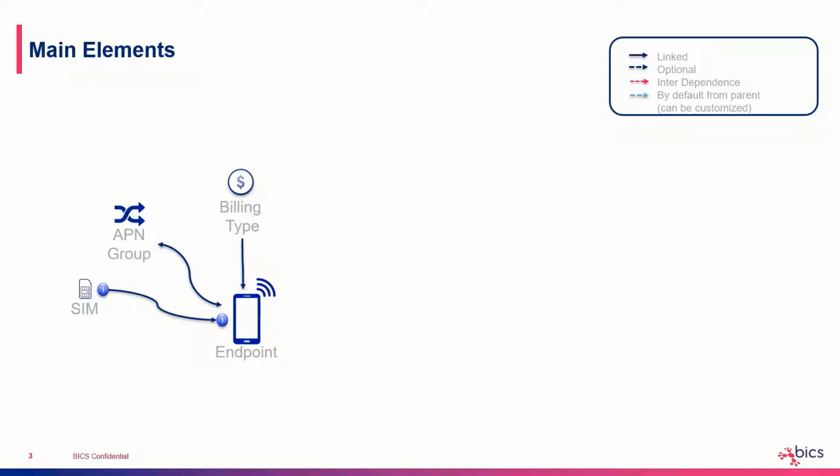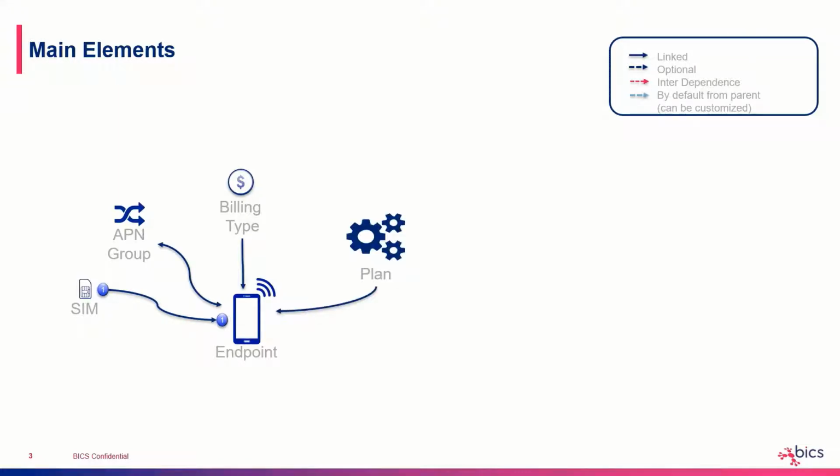For prepaid, every individual endpoint will have its own balance, and the consumption will be deducted from it. If the balance reaches zero, the service will be blocked for that endpoint. When creating a prepaid endpoint, the available balance is set to zero. To allow the endpoint to use any service, the balance will have to be topped up.